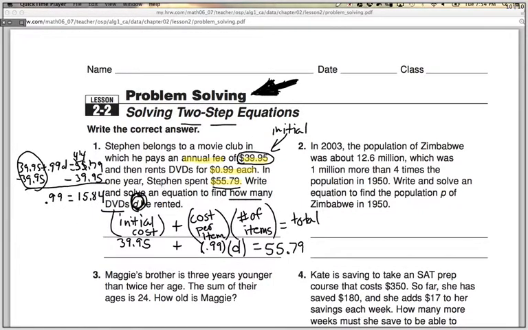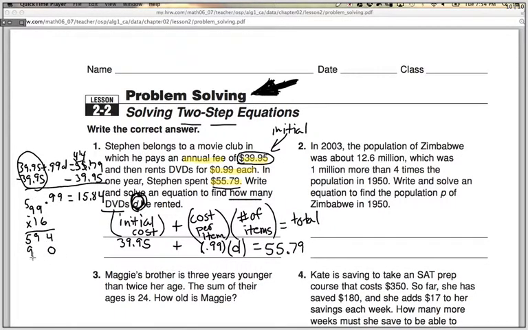And how many DVDs do you think that is? I'm guessing it's not 15 because they're a little bit less than $1. I think it's 16. But let me double check that by working backwards here. I'm going to do 16 times 99 cents. I'm pretty sure this is going to work out. So 6 times 9 is 54, plus the 5 is 59.